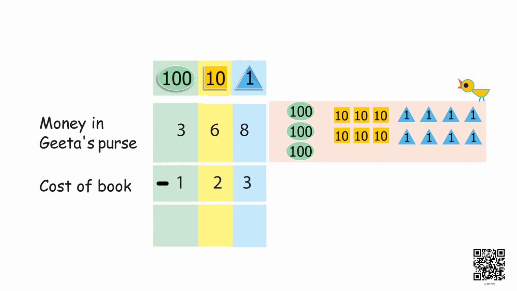So students, now first we will write 368 because this is the total amount of money. In this number, 3 is at the hundreds place, 6 is at the tens place and 8 is at the ones place. Then we will subtract 123 from 368, where 1 is in the hundreds place, 2 is in the tens place and 3 is in the ones place.